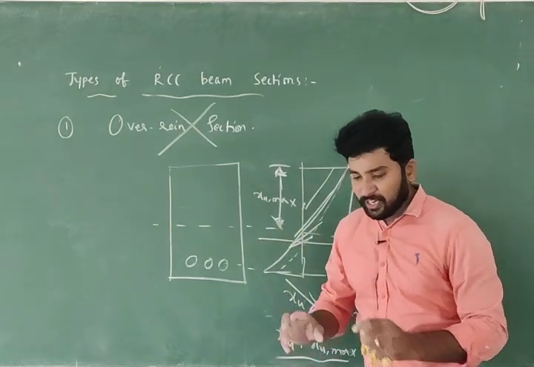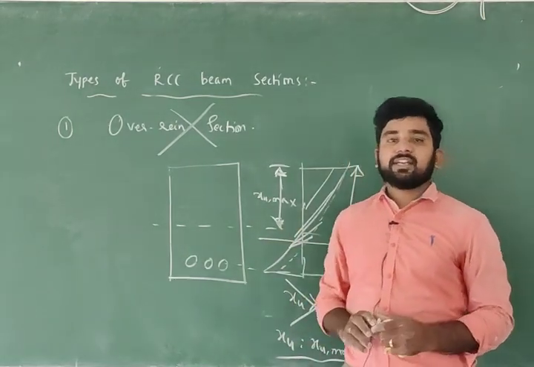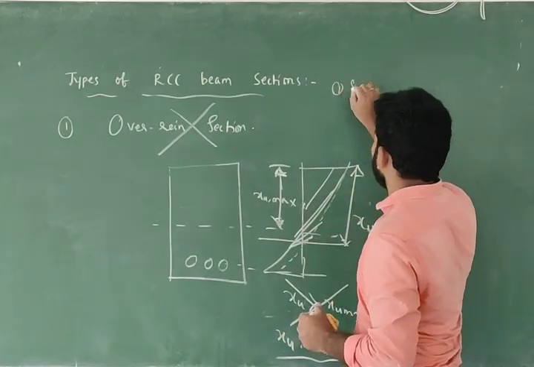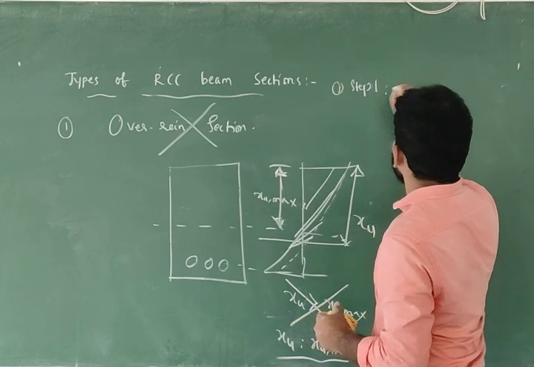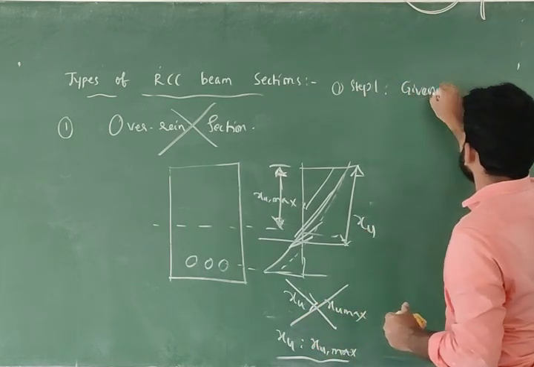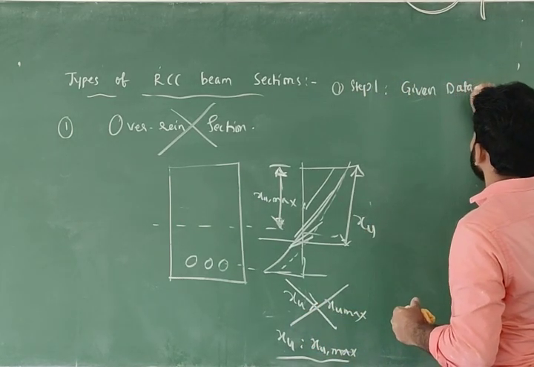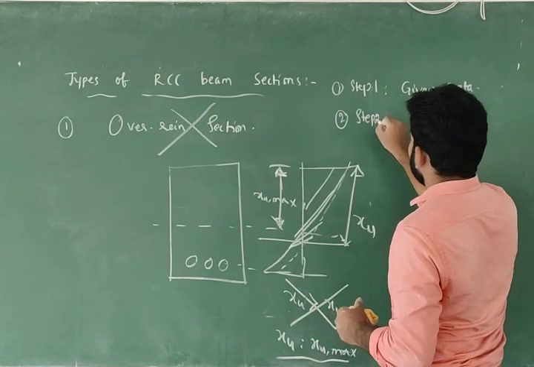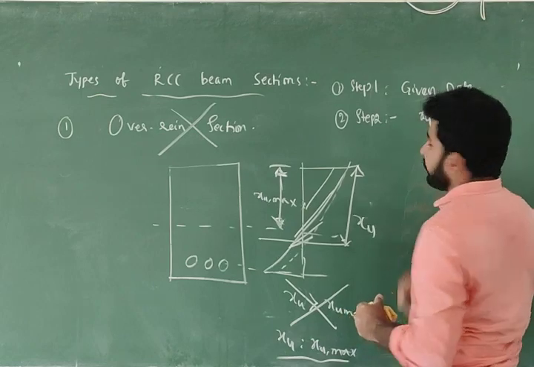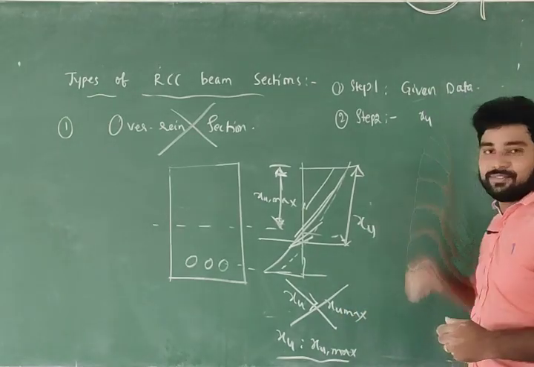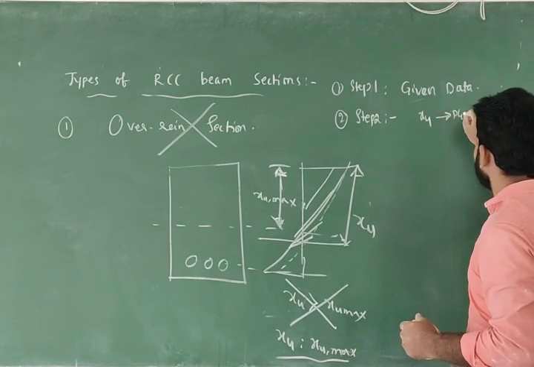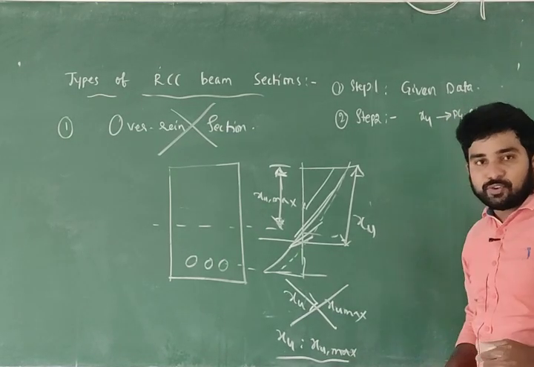So whenever you get any problem, the first step is the given data. Step 1, given data. After step 1, in step 2, find out the depth of neutral axis, that is XU. It is directly available on page number 96 of IS 456.